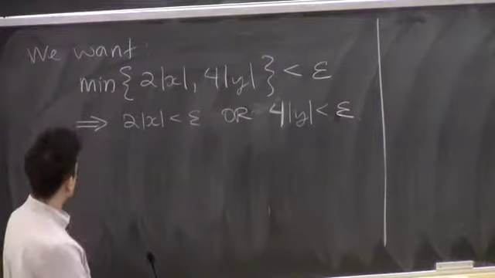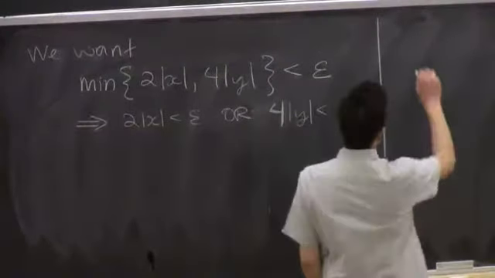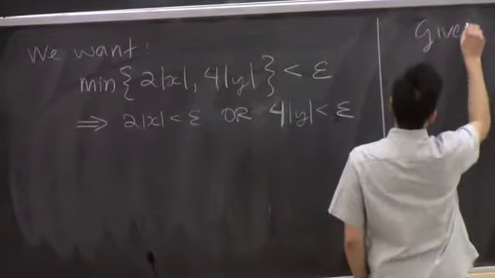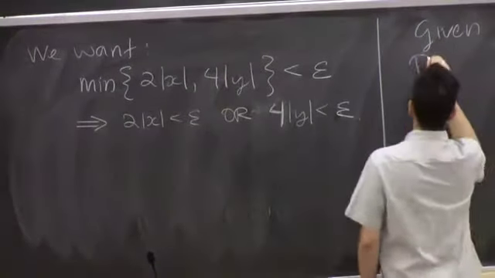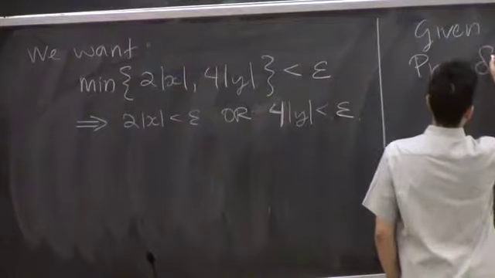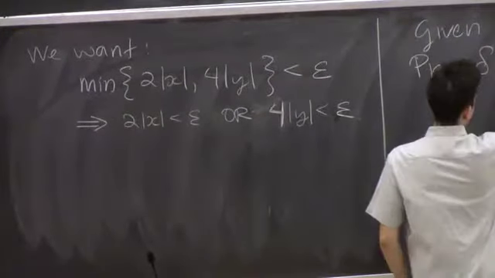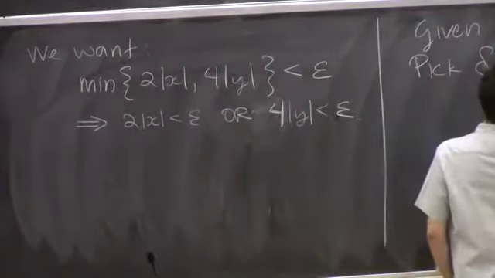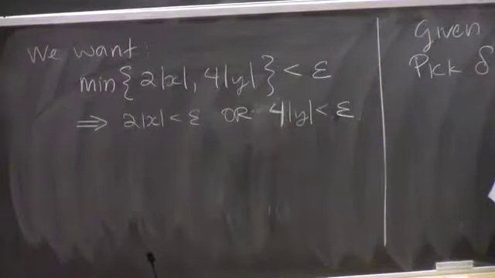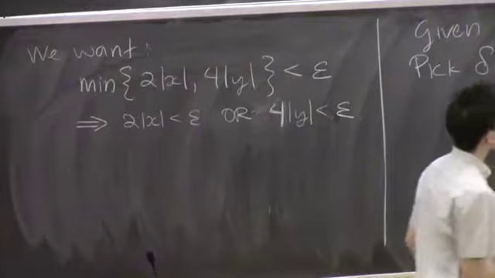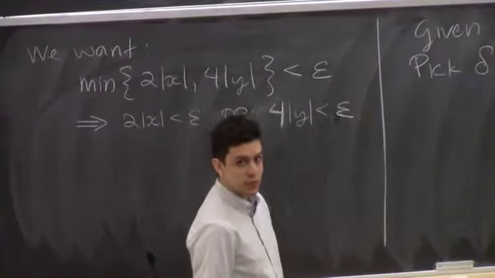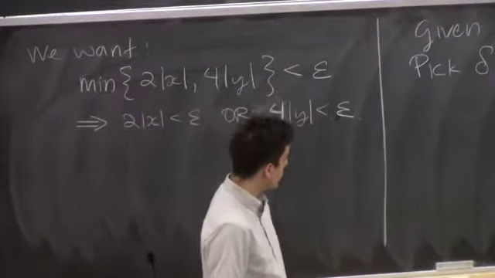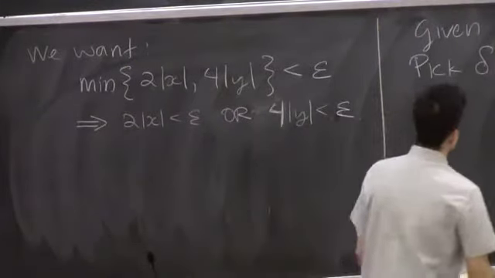Okay, sweet. So we're going to pick it less than epsilon over 2. We're going to pick it less than epsilon over 4.